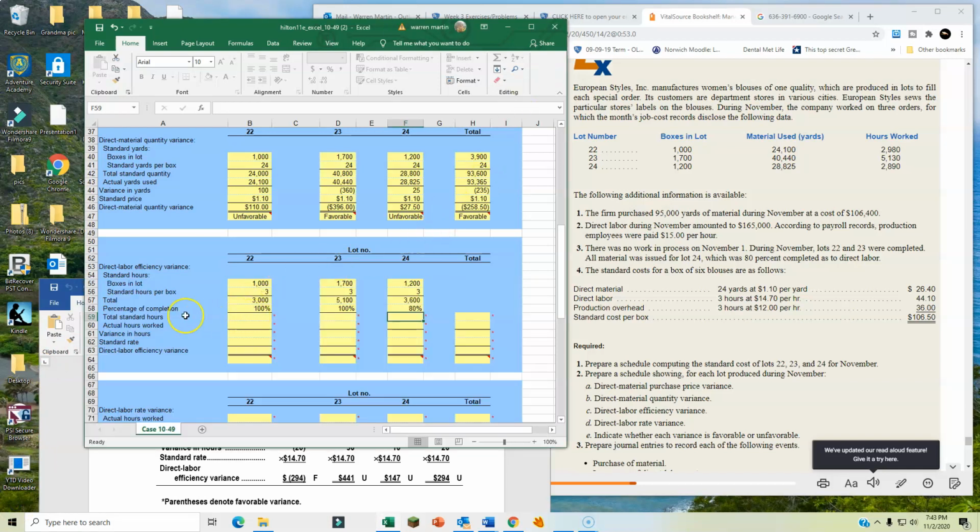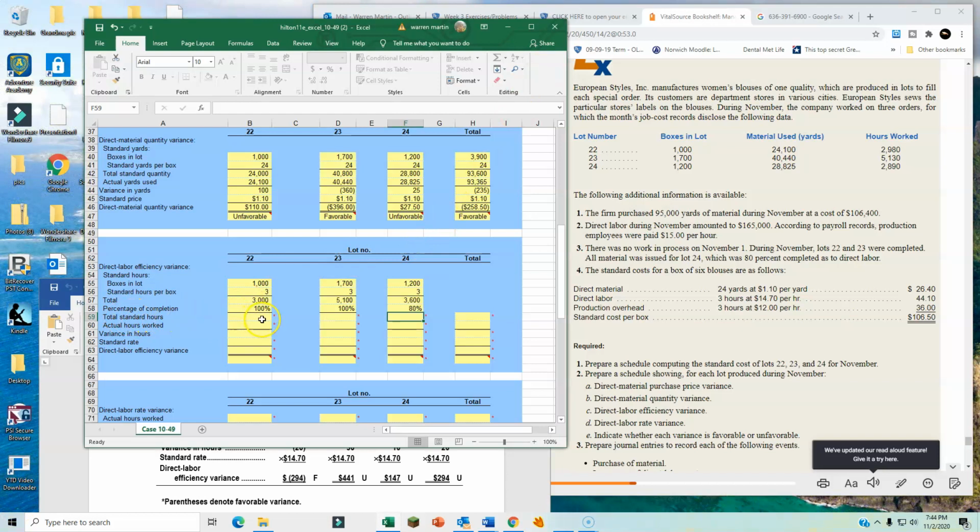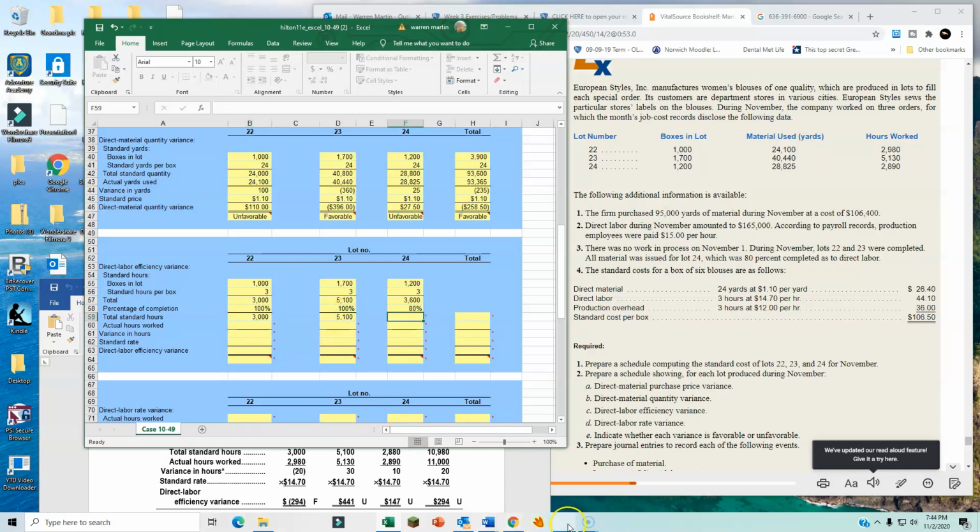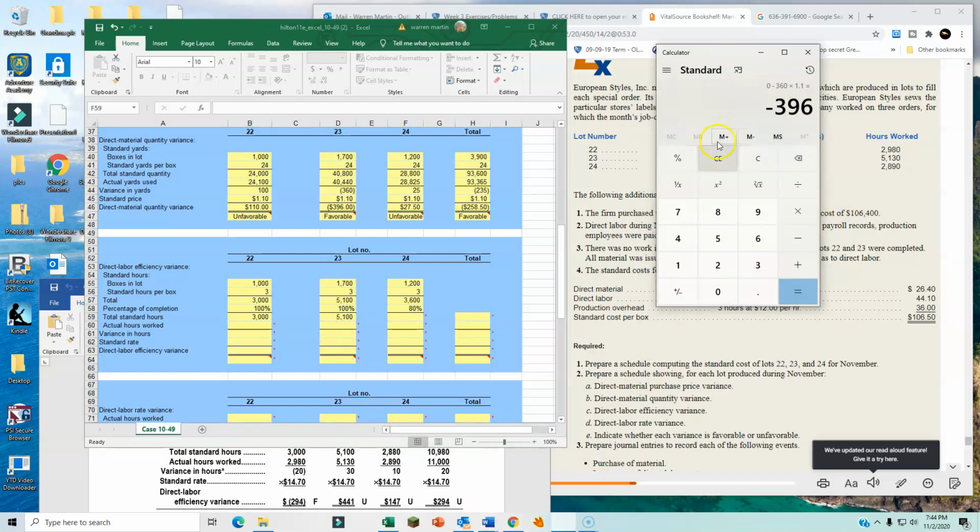And then for our standard hours here, total standard hours, same as we did further up here, you just do the multiply. All right. And then same over here. And because it's not a round number, we're going to do that times.